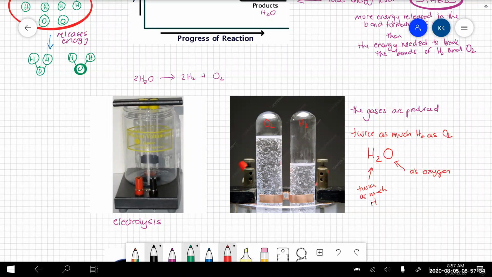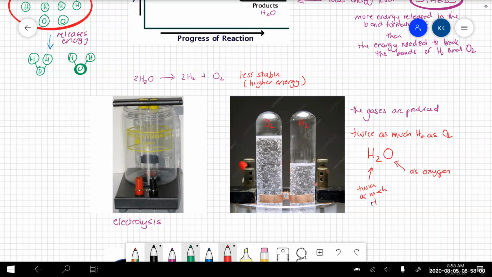You're actually making, remember, this is the less stable. This is higher energy. But of course, it won't happen naturally. When you have a glass of water, it doesn't just spontaneously break down into hydrogen and oxygen. You have to put energy in for this to happen.